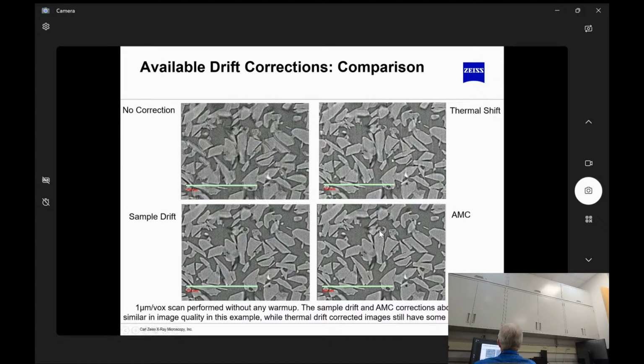Some of this we can do by thermally equilibrating the sample. We can have the sample in an environment where, if it evaporates, it has water to draw from, so I'm not forming condensation around the edges.